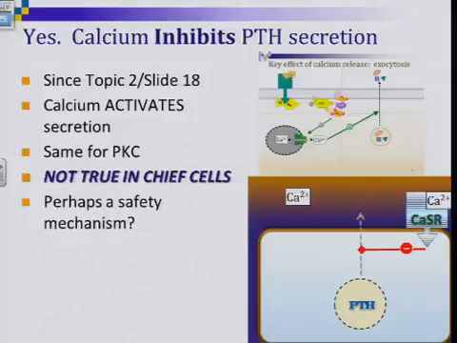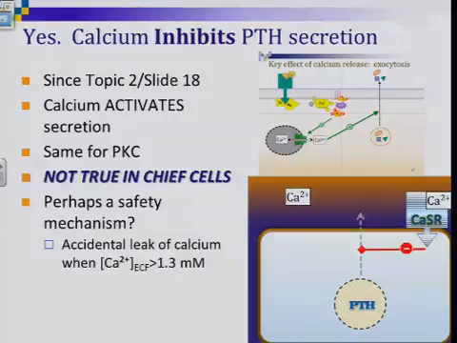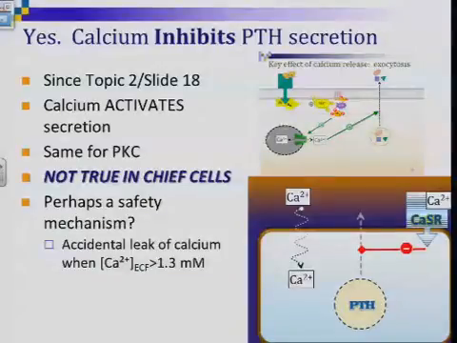And in a lot of ways this makes sense. I tried to explain this a couple different ways. We'll try this one. You have a very high concentration of calcium outside the cell. Even when calcium's relatively low, it's still very high compared to what is supposed to be in the cytoplasm. If there's any sort of accidental leak or compromise of calcium when calcium concentrations are high, if calcium then stimulated release of parathyroid hormone, it would increase the calcium concentrations in the extracellular fluid even higher.